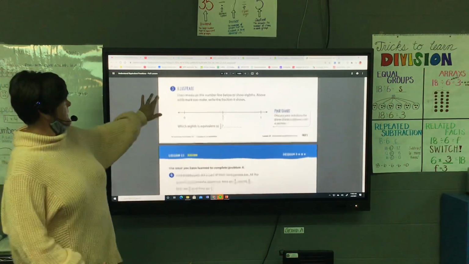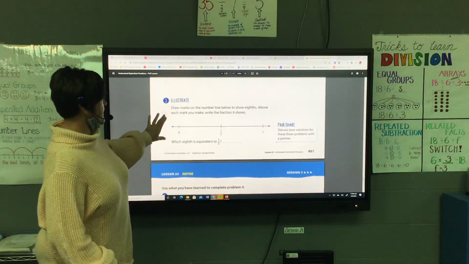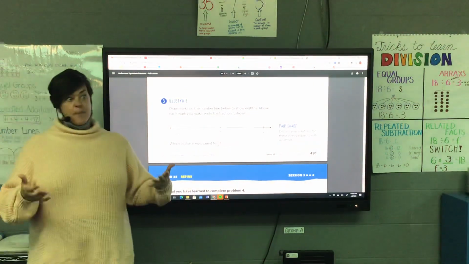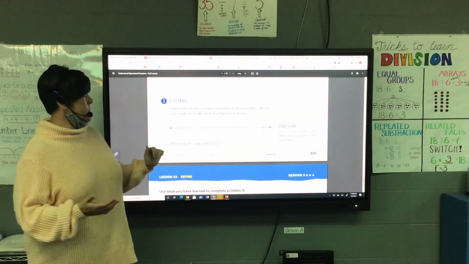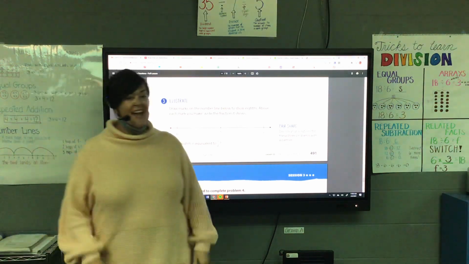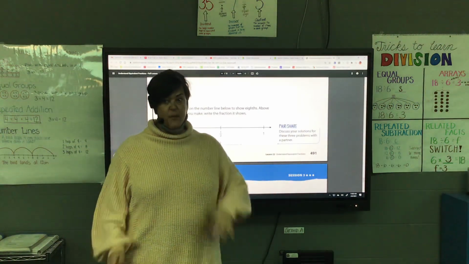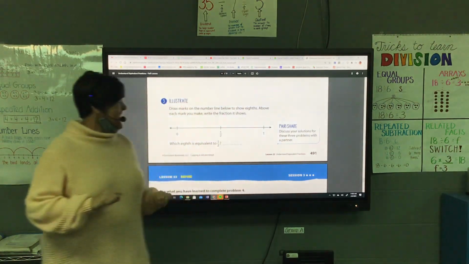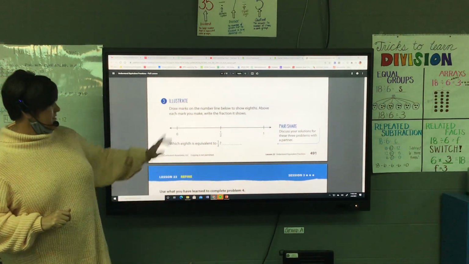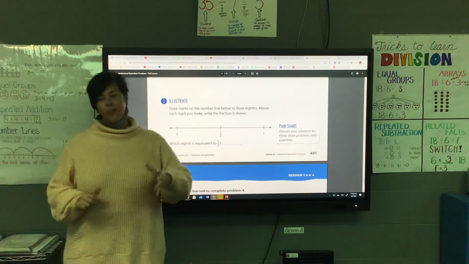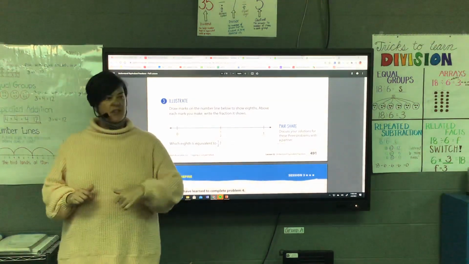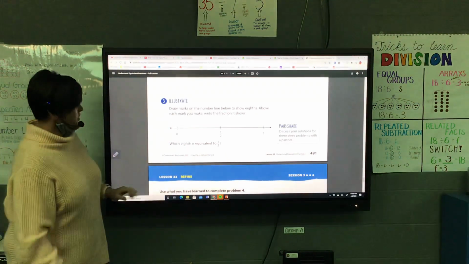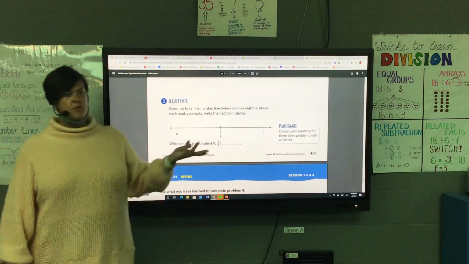Okay. Let's look at 3. Now, we're going to have to draw some marks on this number line to show eighths. So how many equal parts are we going to make? 8. They've started it, but they only split it into how many equal parts? 2, right? They split it in half. Okay, so think about this.